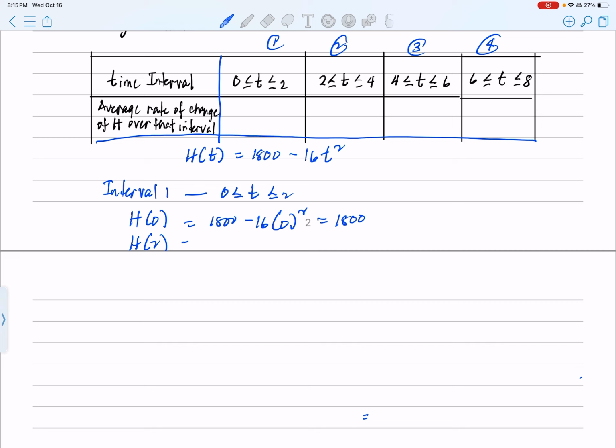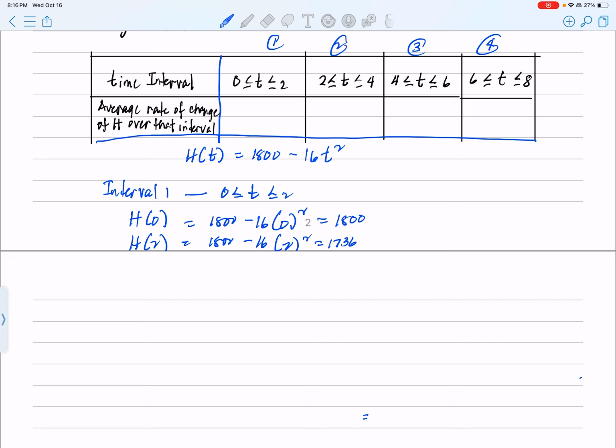How about when it's 2? 1800 minus 16 times 2 squared. We computed that value over there. We have 1736 at 2 seconds.